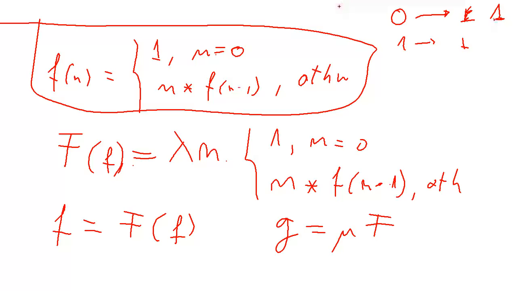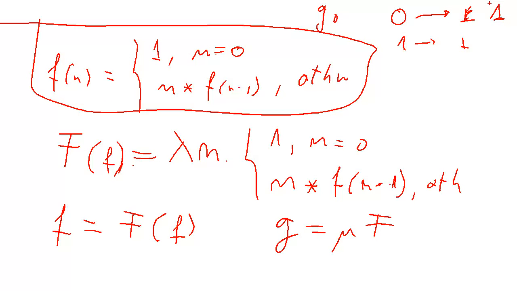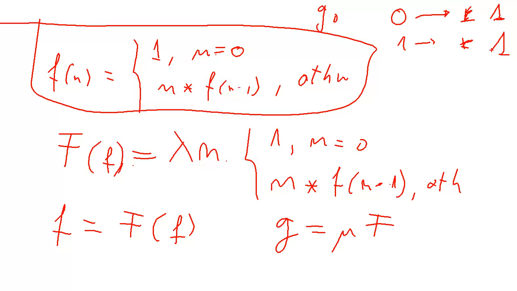Let's call the first one G0. Then G1 is the one where the value for 0 is defined. G2 is one where the next value is defined as well. G3 is the one where we have 3 values defined. So the precision increases with how many values I have defined in my domain.